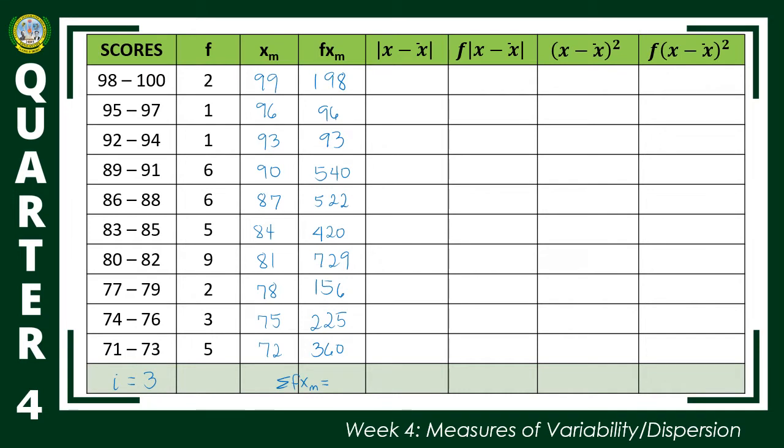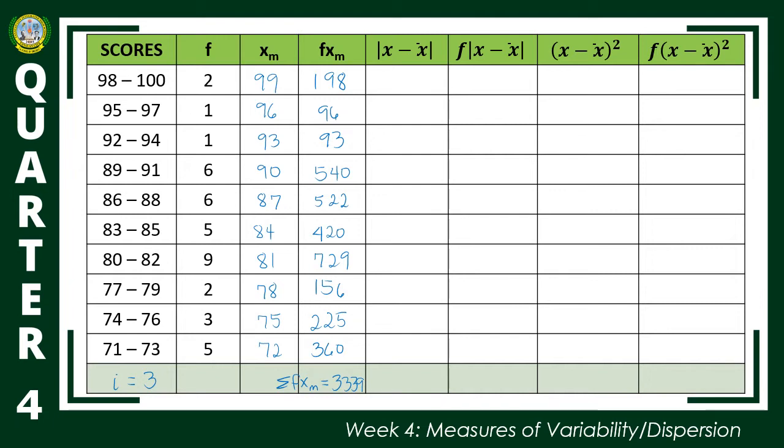198 plus 96 plus 93 plus 540 plus 522 plus 420 plus 729 plus 156 plus 225 plus 360. So, ang sum po ay 3,339. Okay, so 3,339. Ayusin lang natin ang sulat. Hindi masyado makita yung 9.